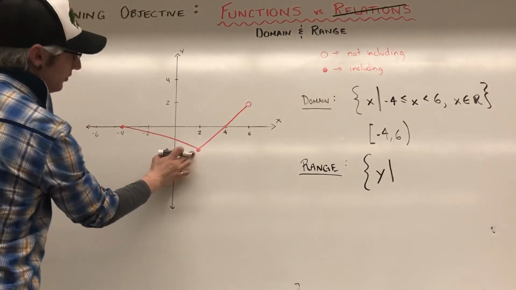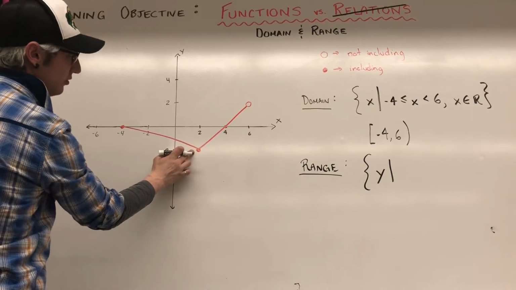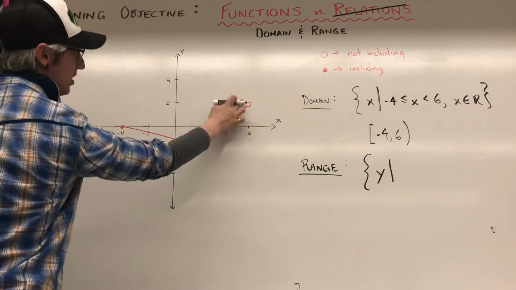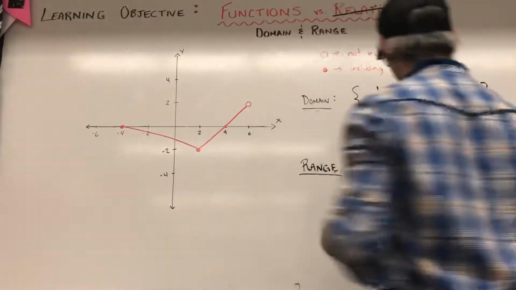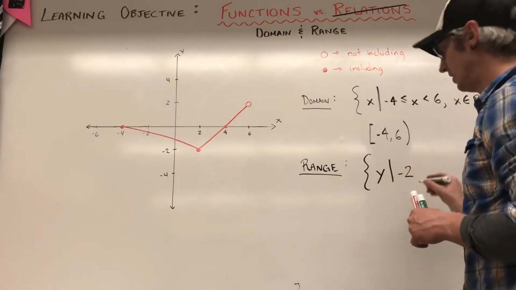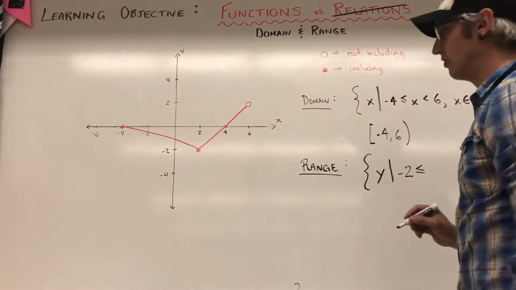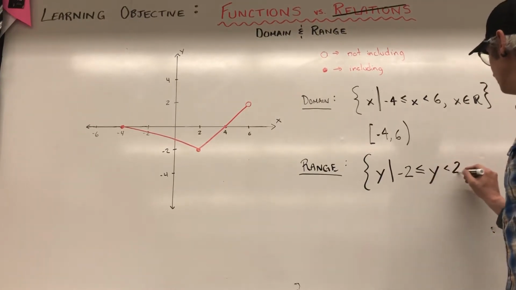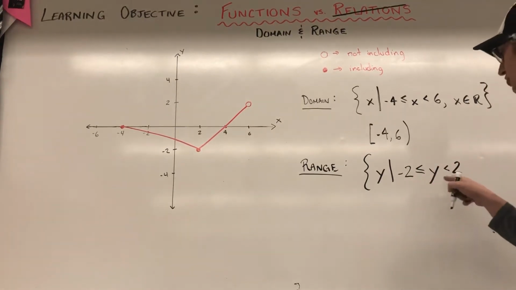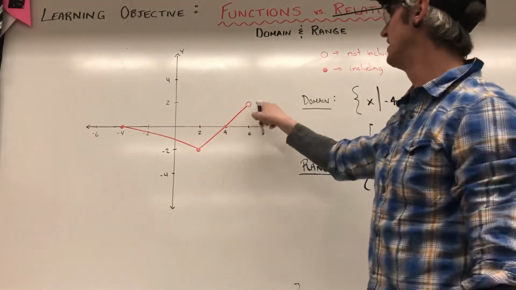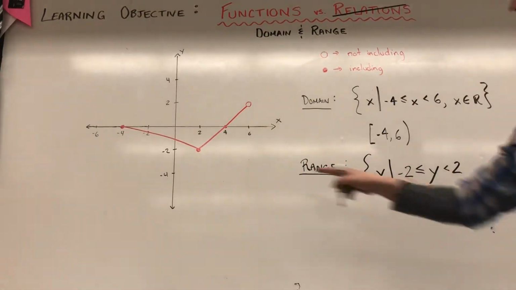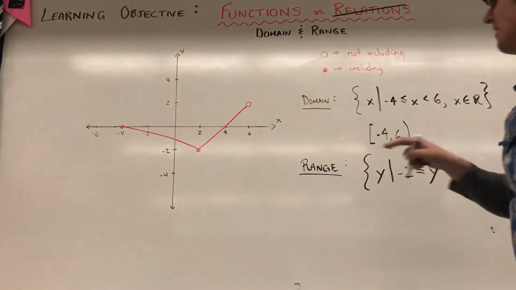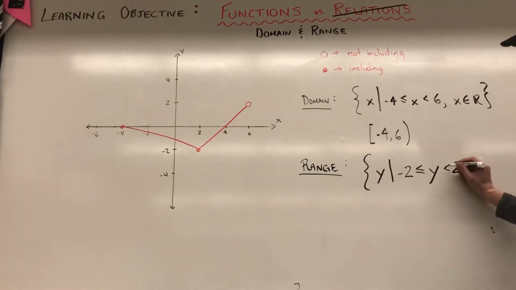So from -2, including -2, up to 2, but not including 2. So y is greater or equal to -2, but y has to be smaller than 2. It can be equal to -2, but it can't be equal to positive 2. So that's why, like that. And then y again is a real number.